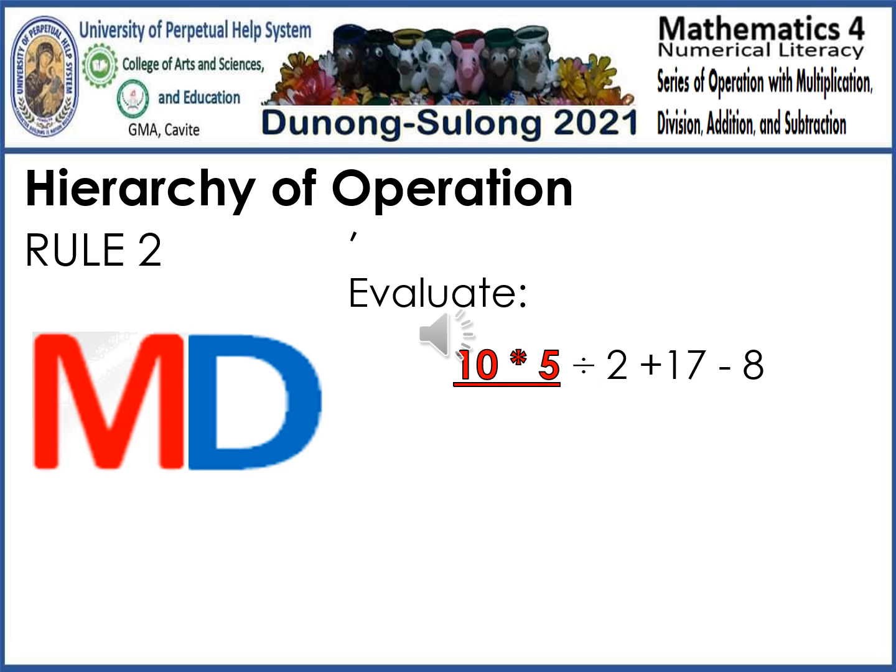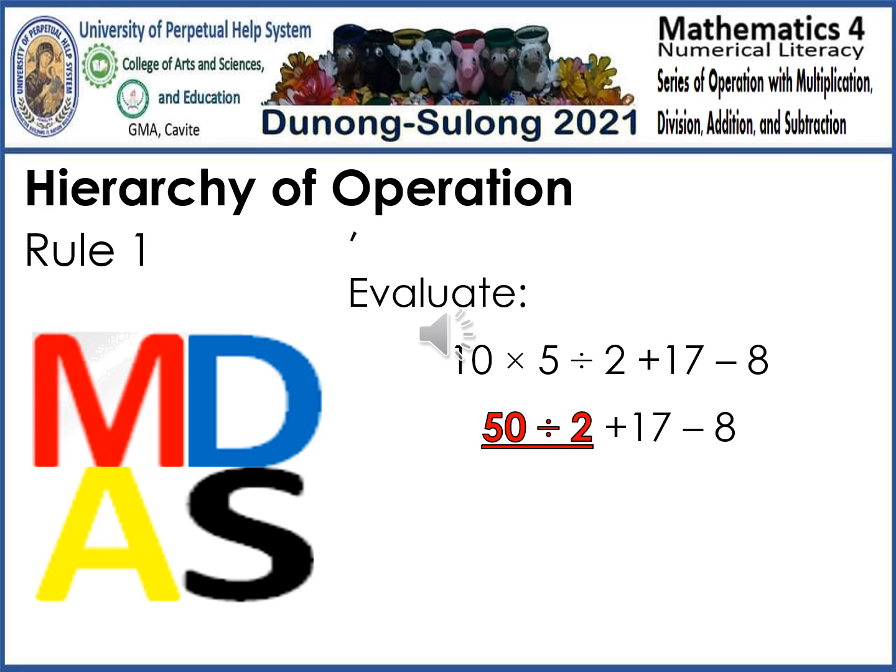Now, rule 2 is evaluated, which is multiply or divide from left to right. So, multiplication is first. 10 multiplied by 5 is 50. The next operation is division, which is 50 divided by 2.